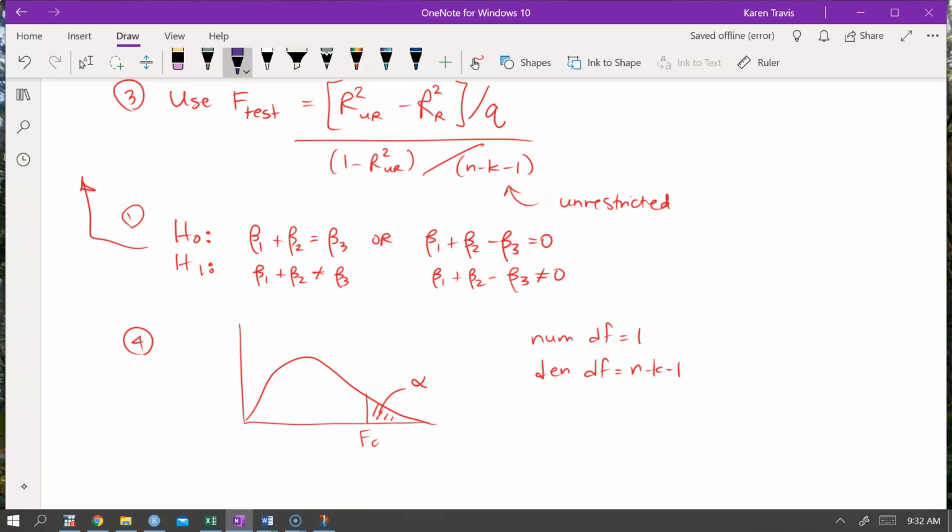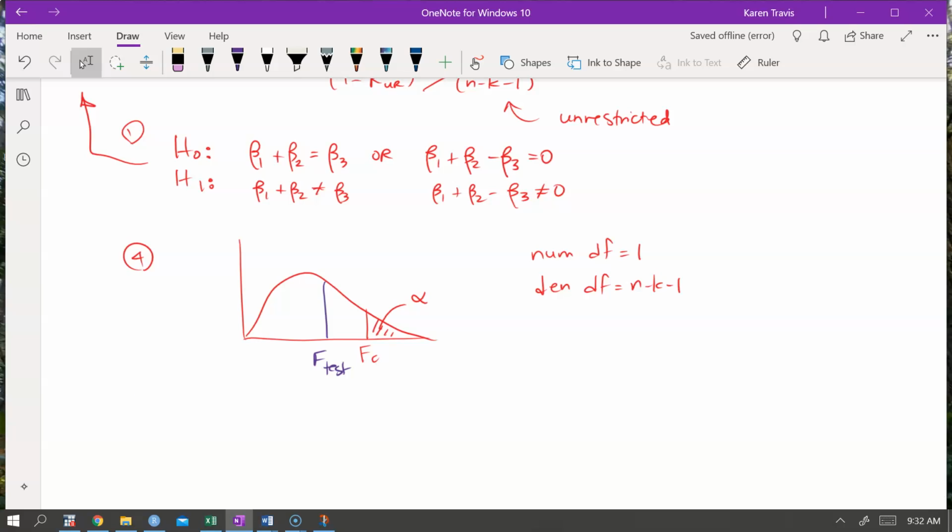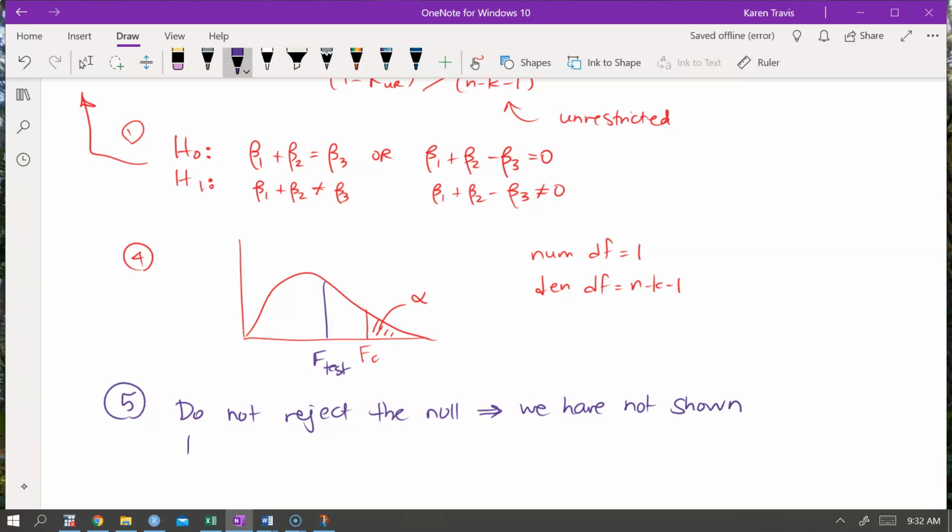So let's say we have not rejected the null, just as a comparison to the other videos. Then we do not reject the null, which means we have not shown that beta 1 plus beta 2 is not equal to beta 3.